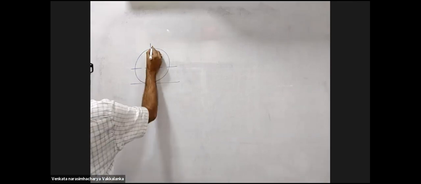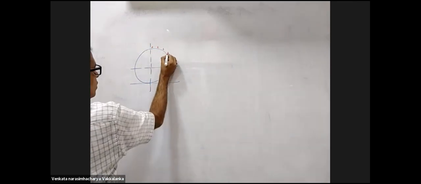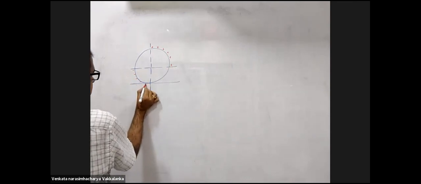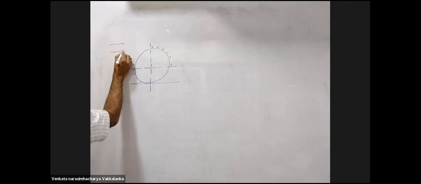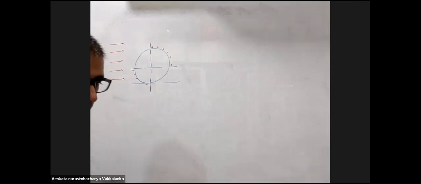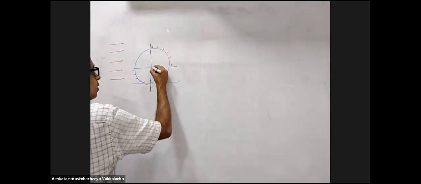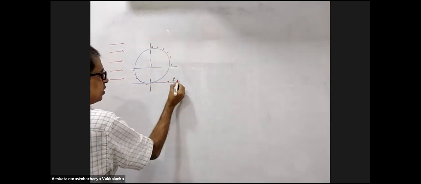Suppose I have positive charge here, uniformly distributed, and negative charge here. You switched on an electric field this way. You will have friction in this direction.